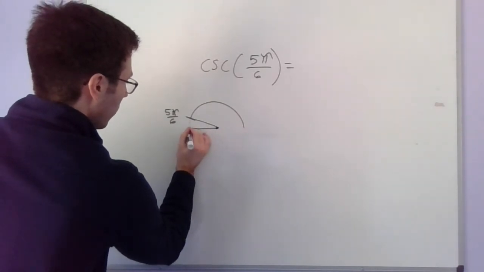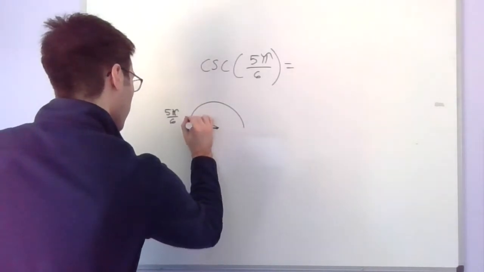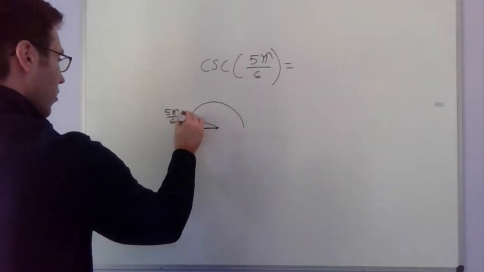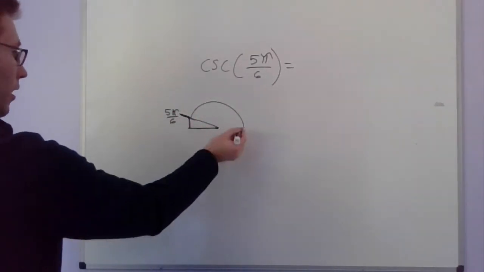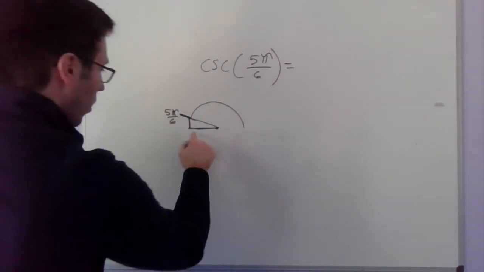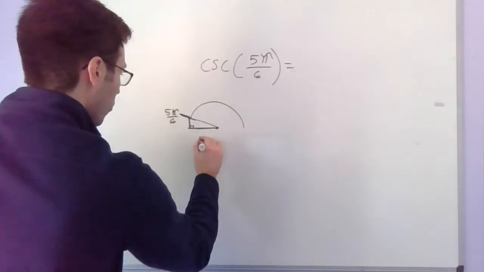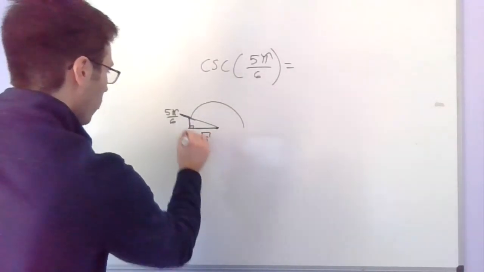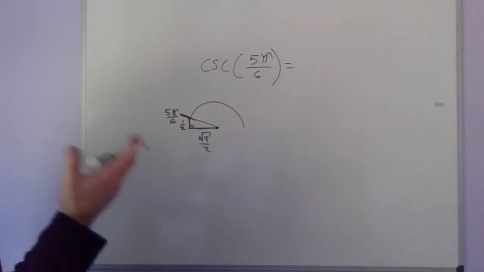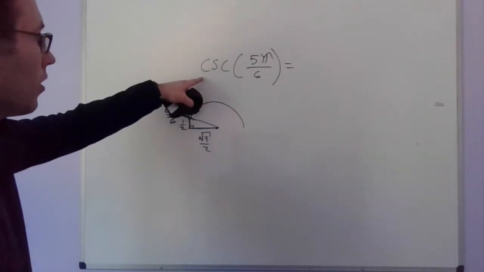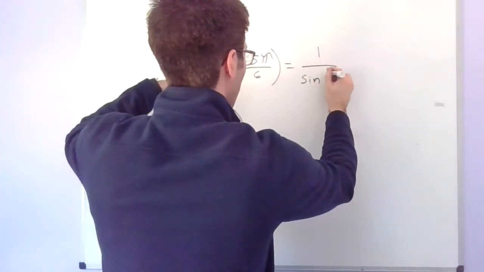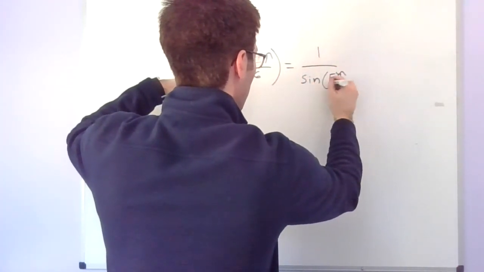If we think about our cosecant terms, here's 5 pi over 6 right here. This is pi going all the way around. This is my longer side, so this would be square root 3 over 2, and this would be a half. Cosecant goes with the sine term, so it's 1 over sine of 5 pi over 6.